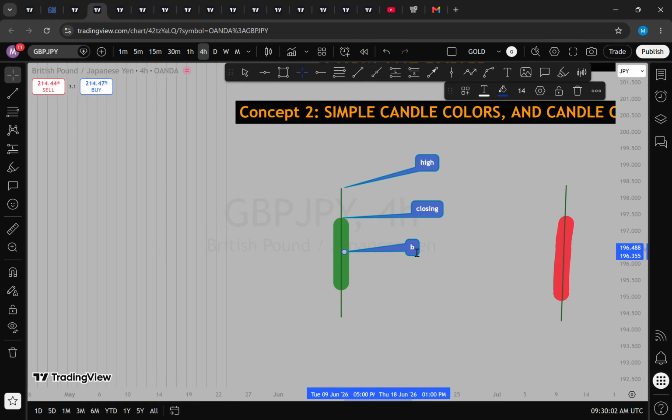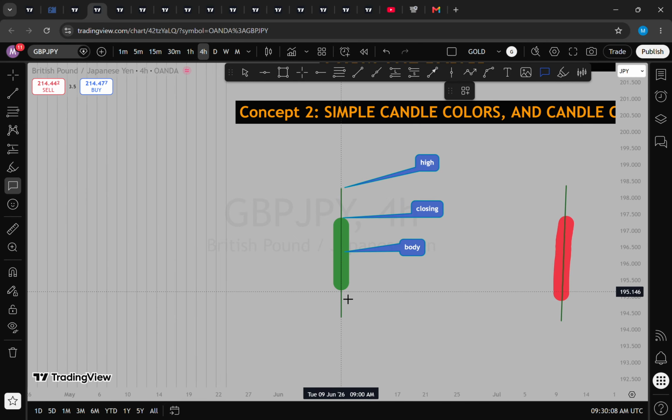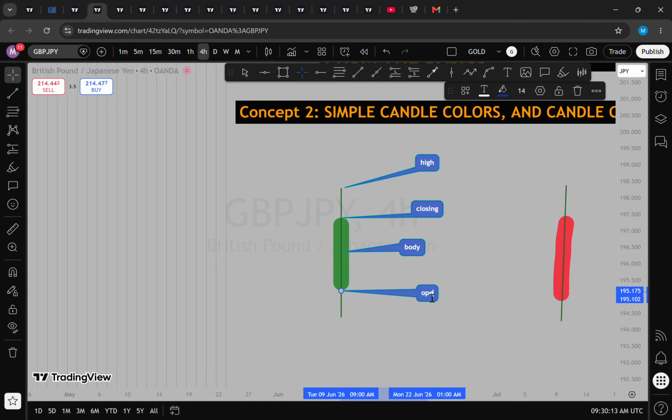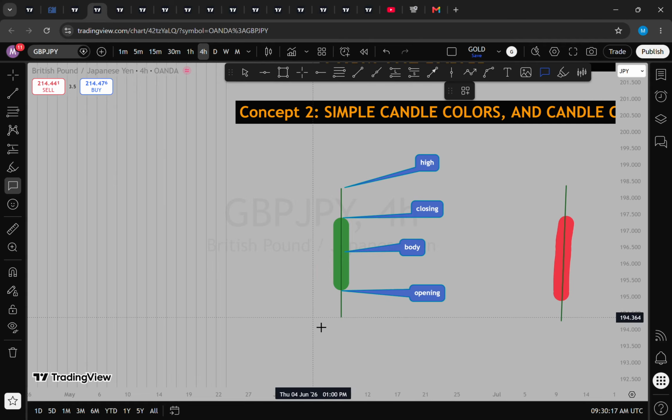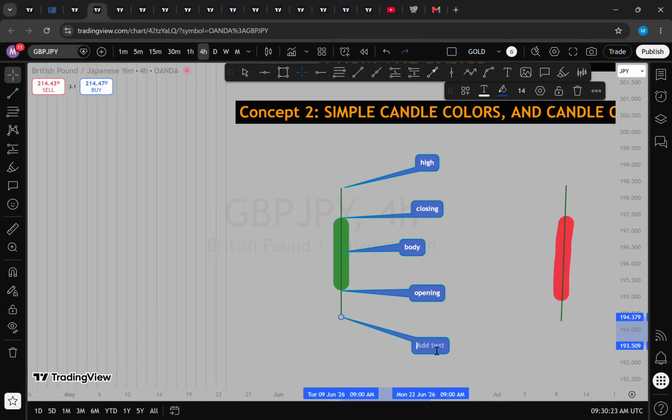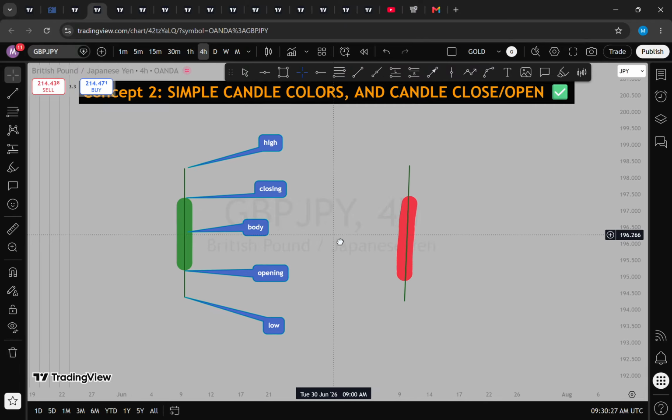This is the body of the bullish candle. This is the opening of the bullish candle, and this is the low of the bullish candle. I think that's nice.